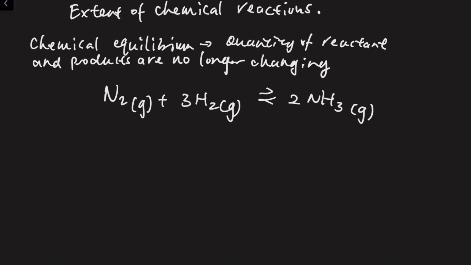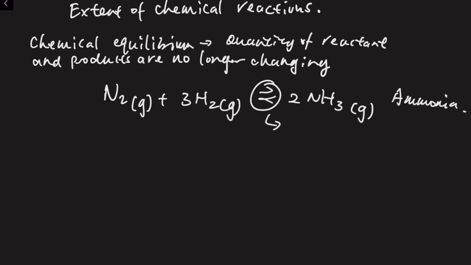So this NH3 is ammonia. Note I have this double arrow symbol here. So this symbol means this is actually an equilibrium reaction. So this chemical reaction does not go to completion.